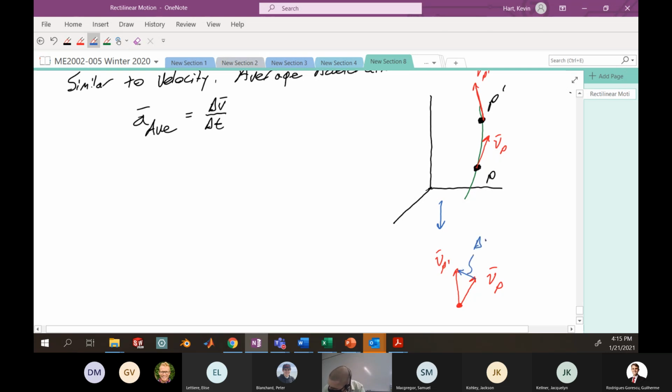This would be your delta v in this situation. So this change in the velocity vector, normalized by the amount of time that it took to go from, let's say, P to P prime, would give you your average acceleration.